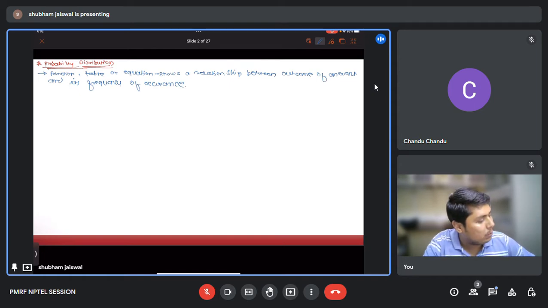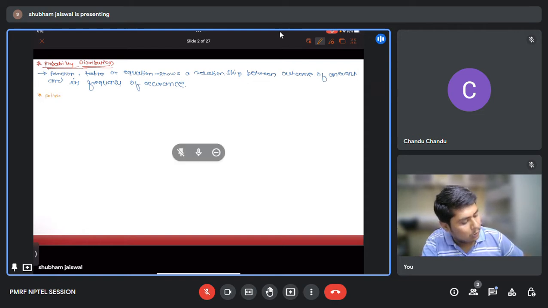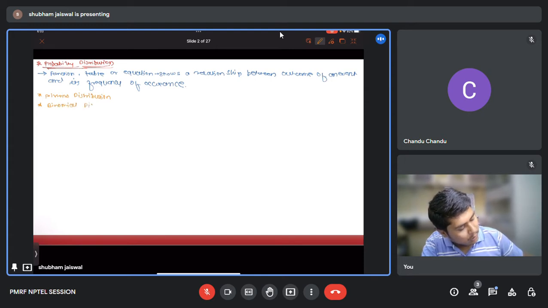After this point, we listed the general types of distribution that we use. The first one is Poisson's distribution. Second is binomial distribution. The third one is log normal distribution.